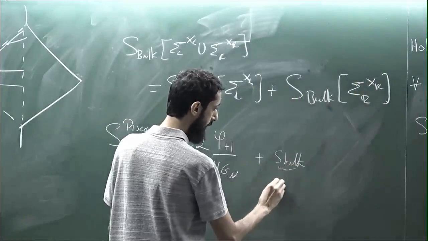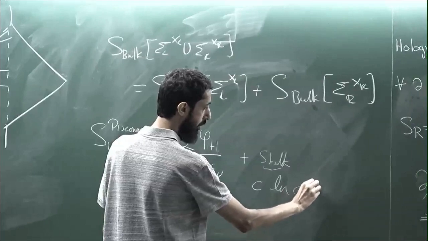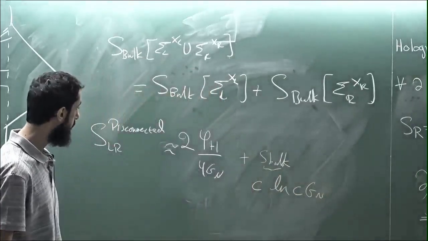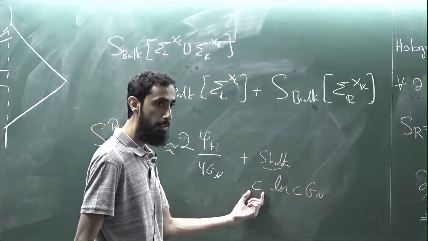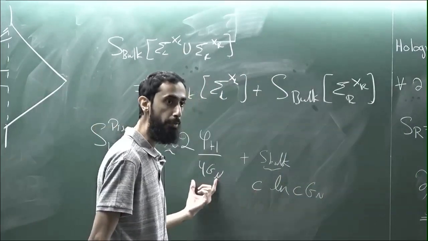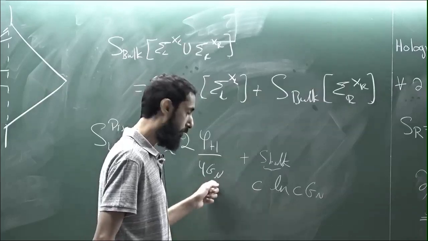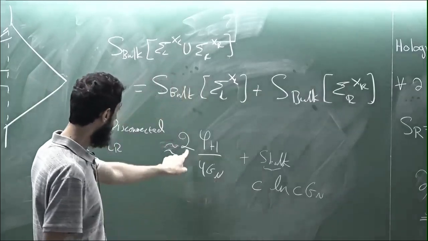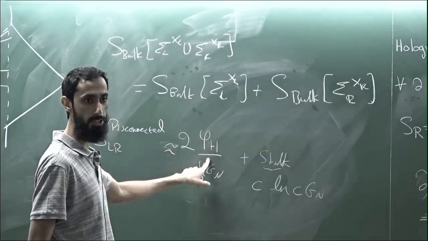These are roughly the central charge times log of the central charge times G Newton, the two-dimensional G Newton. So this is small compared to this term. The matter c is small compared to 1 over G Newton. But the point here is that we have this term, which is simply twice the Bekenstein-Hawking entropy.